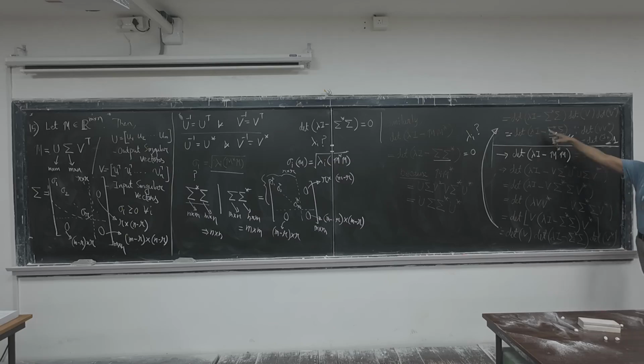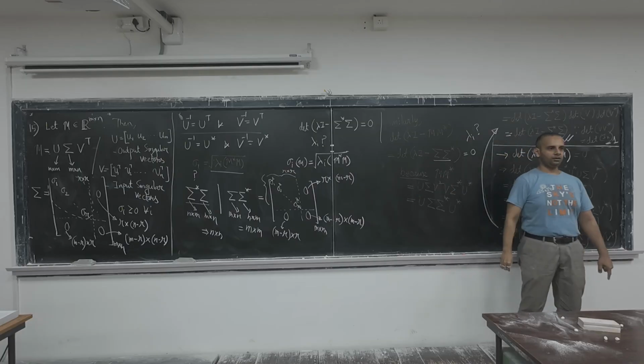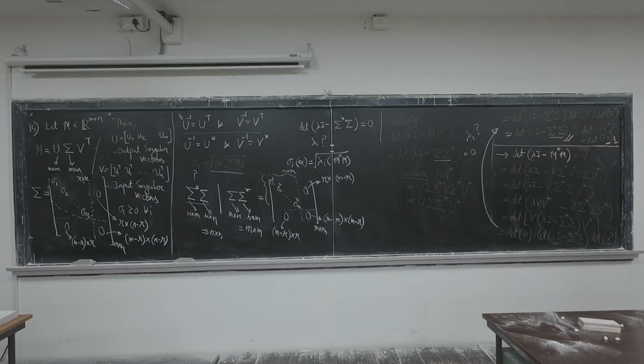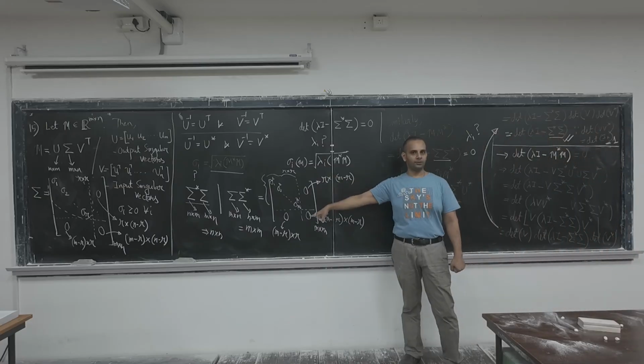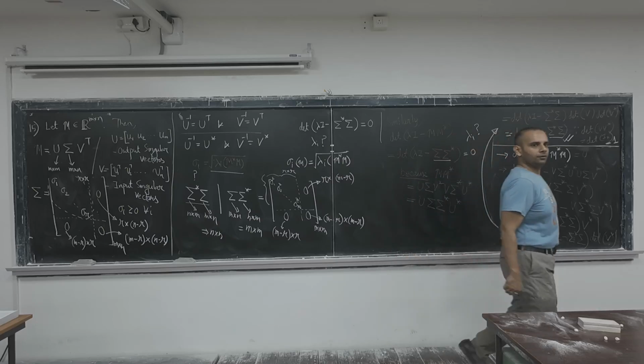So the lambda which we are now finding is actually the lambda of M star M, or even M M star. These lambda values are nothing but the square of the singular values. This second statement, the square of the singular values, is coming from this expression, and that too because of this structure. So the eigenvalues of M M star or rather M star M are nothing but the square of the singular values. Is it not clear for all of you?